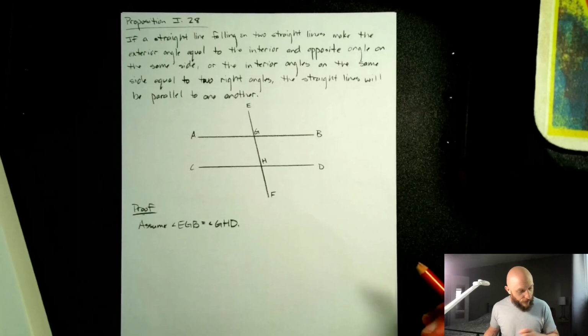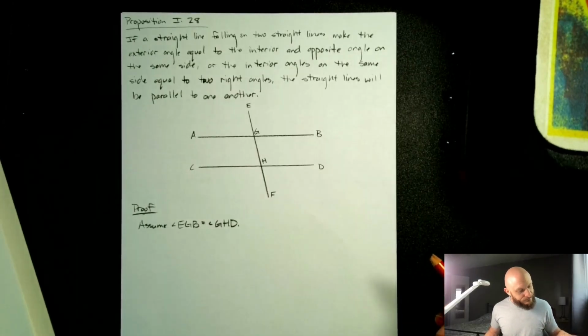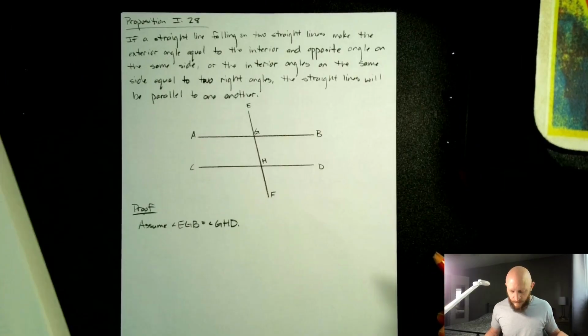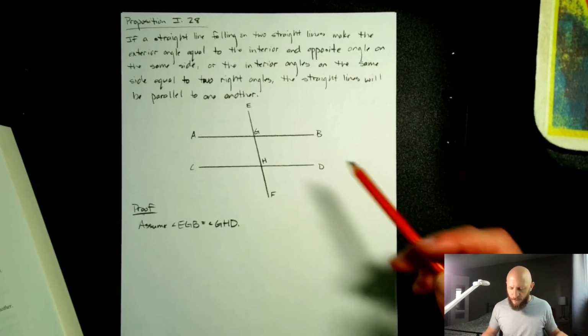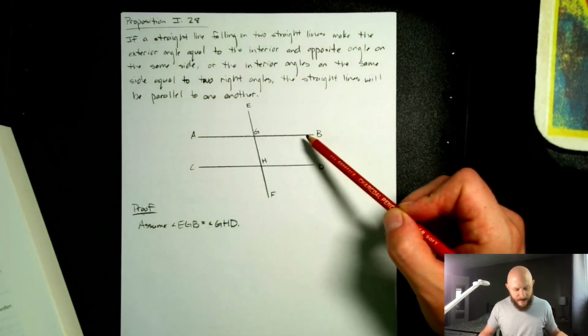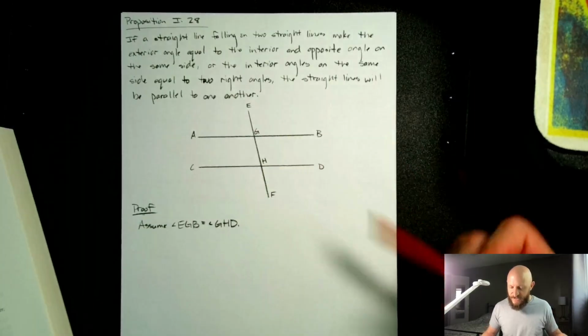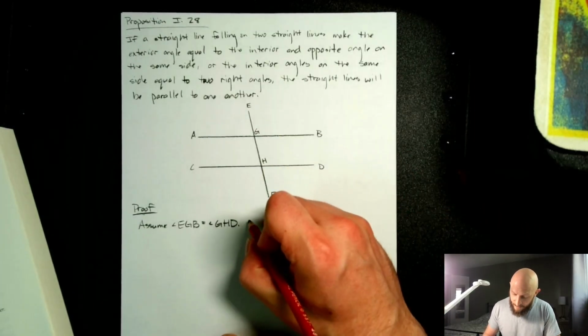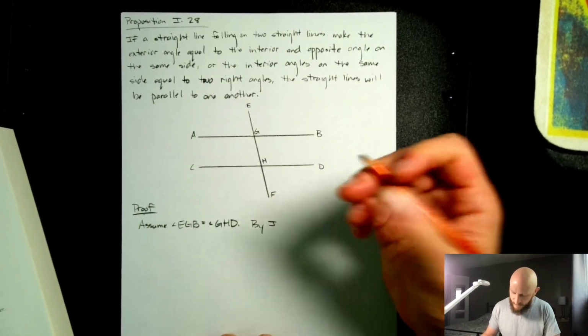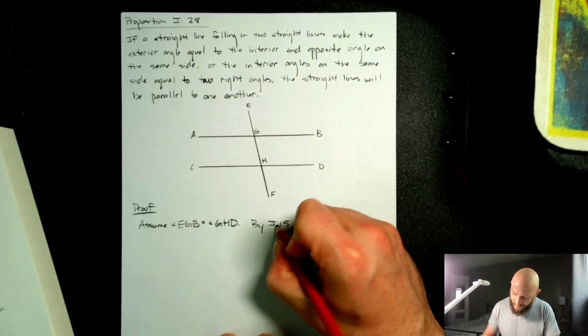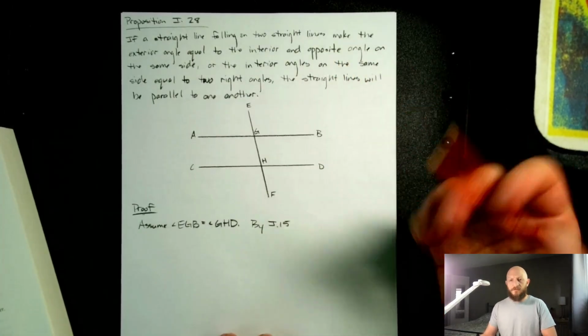That's what we are aiming for. If EGB is equal to GHD, we also know that EGB is equal to AGH.